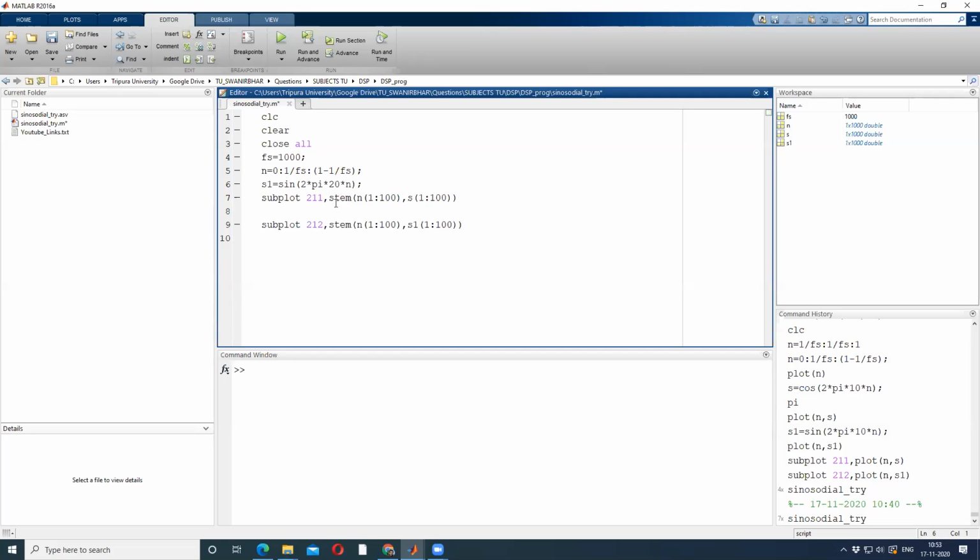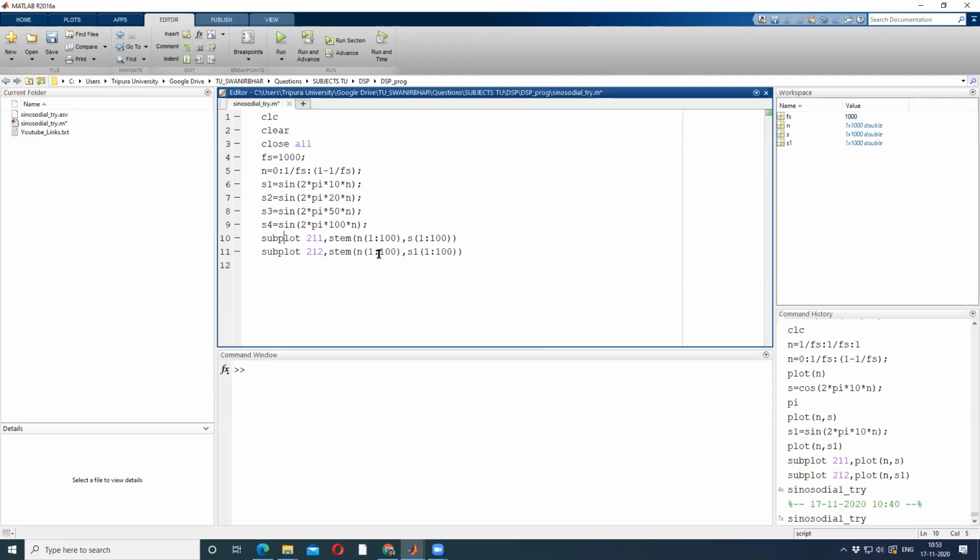So we have S1 for say 10 hertz, then we do the same thing, S2 for 20 hertz, then S3 say 50 hertz, and S4 which is say 100 hertz. The sampling is 1000.